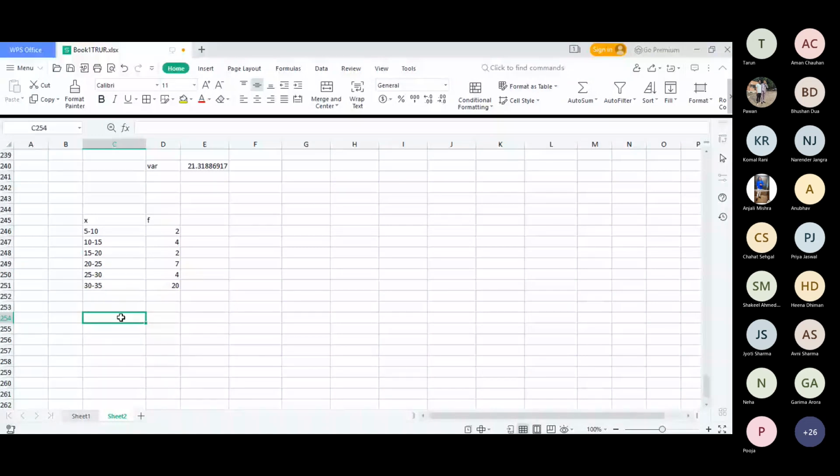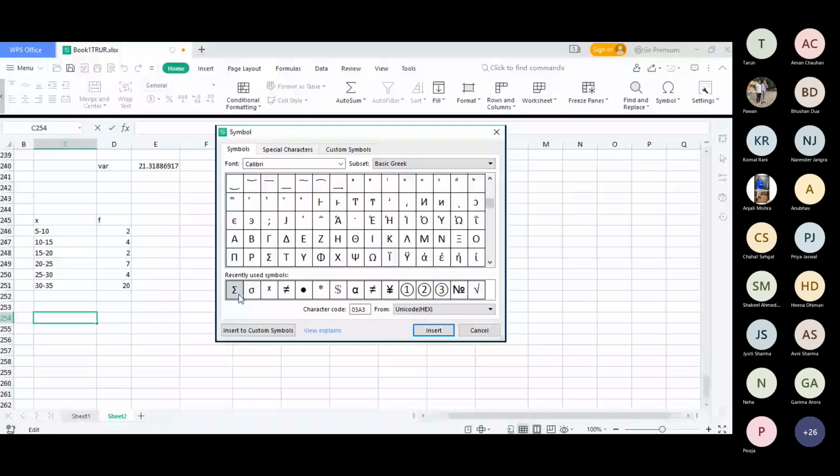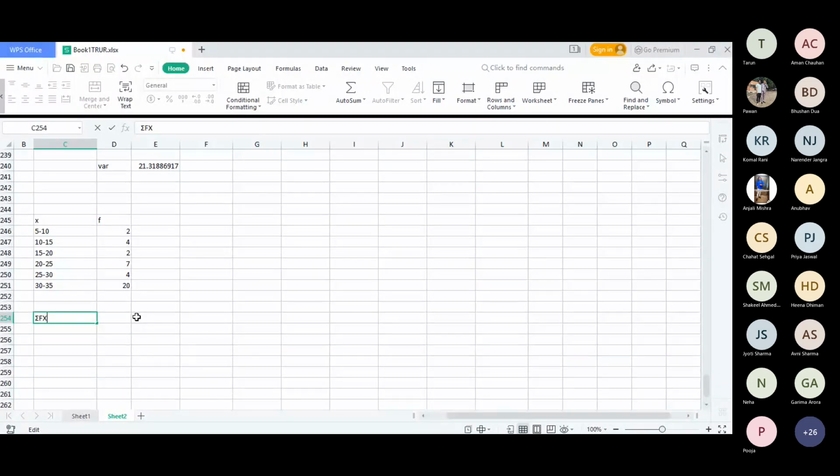The formula for the one step process is sigma equals, so I'm writing the formula.